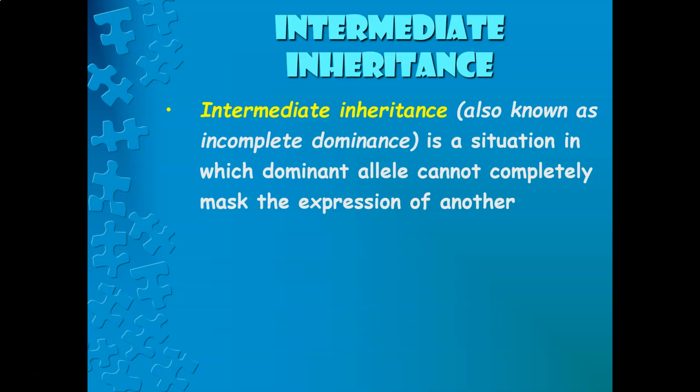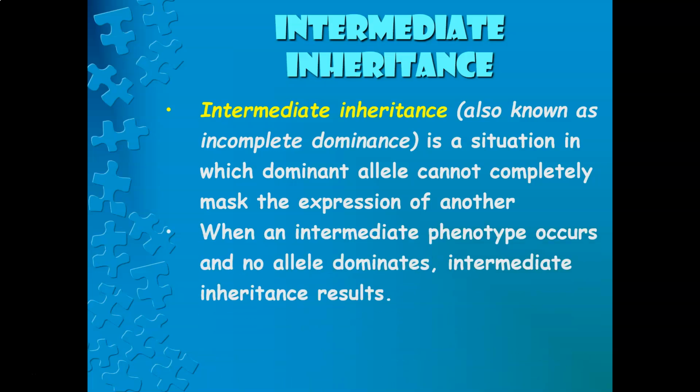So when I look at a heterozygote individual, and you observe the phenotype that gets produced, that quote-unquote dominant allele maybe is only able to mask the recessive one, say 50%.